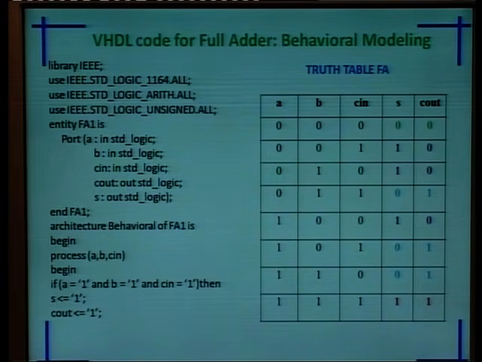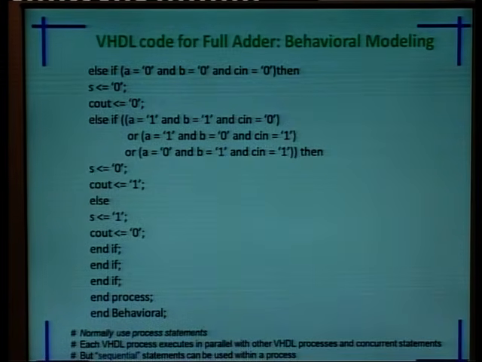We are saying VHDL is a parallel language, but with the condition that the instructions under the process will be simulated serially or sequentially. If we have multiple processes in one program, then all those processes may be simulated in parallel, and that is known as concurrent statements. So we have to end this process statement first, and then we go for the behavioral end.